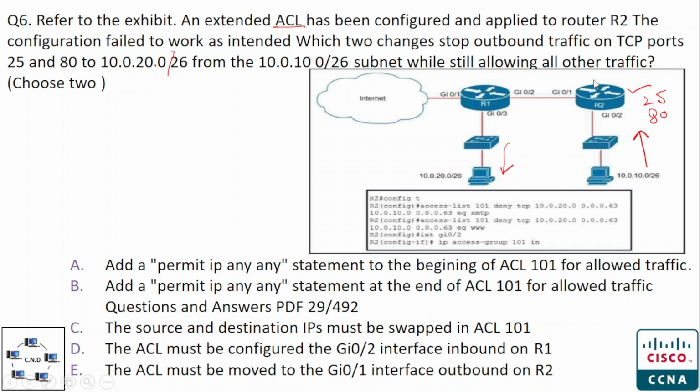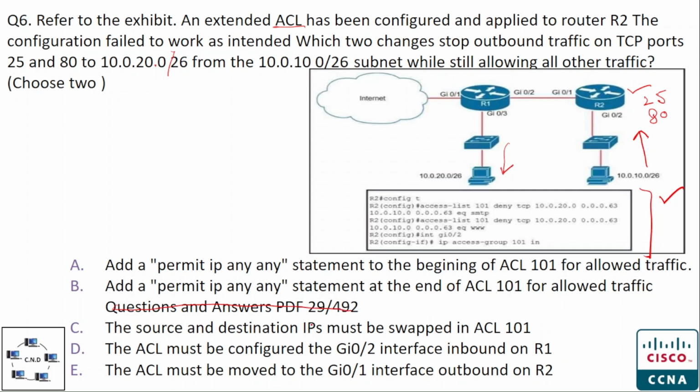But as per the configuration, the traffic is not stopped and it does not work. So what is the solution to correct this configuration and make it work? The options are: option A, add a permit IP any statement to the beginning of ACL 101 for allowed traffic. Option B, add a permit IP any statement at the end of ACL 101 for allowed traffic.